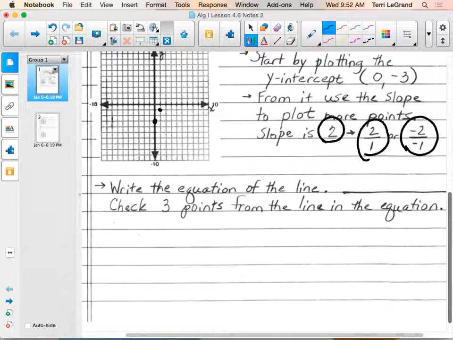Because I want us to get at least a minimum of 3 points, let's use the other name for it, -2 over -1, to get a 3rd point. I want you to make sure that you know how to use other names for it too. So we can also go back to the y-intercept, and we have a choice of going down 2, which would be -2, and left 1, which would be -1.